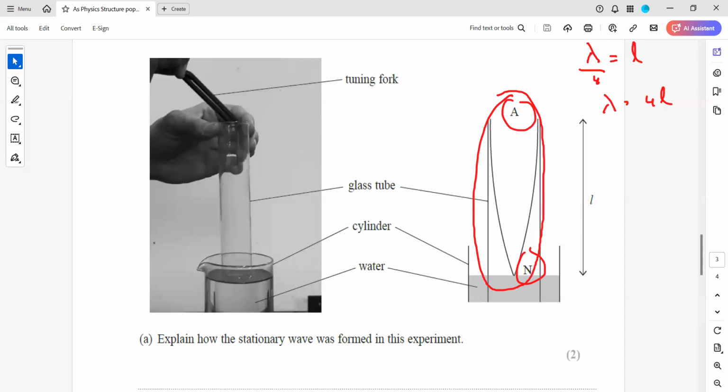The wavelength will be longer. And if the distance decreases, the wavelength will be shorter, because this distance is a quarter of the wavelength.